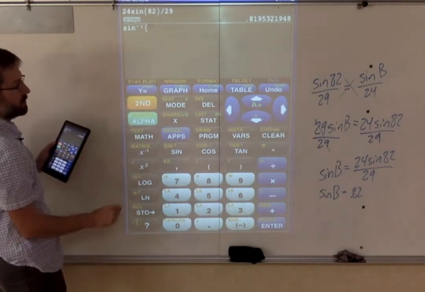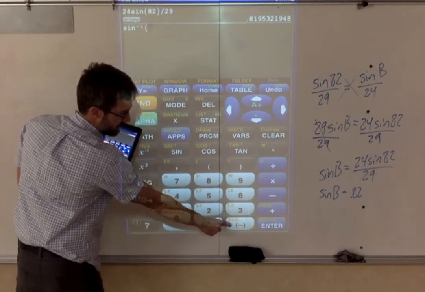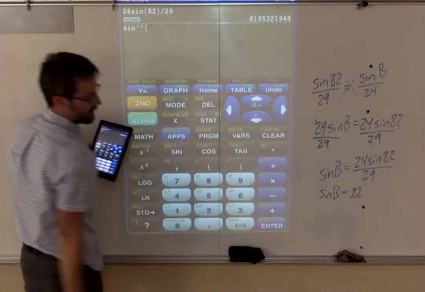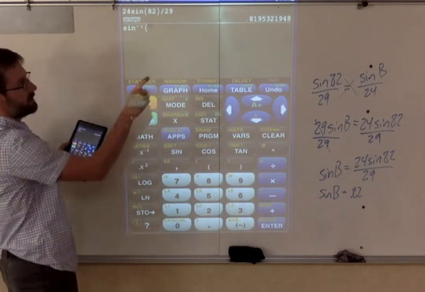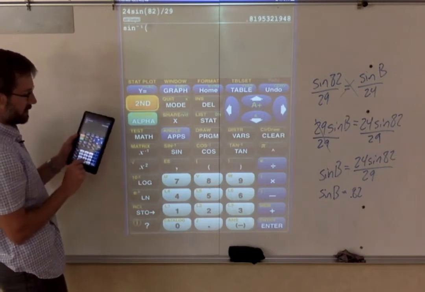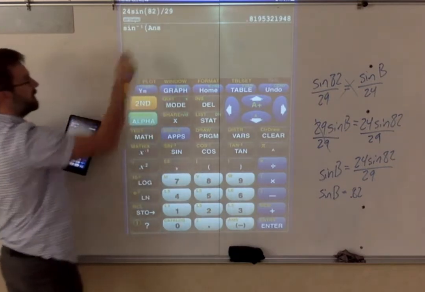And the easy way to do that, if you look at the minus symbol down here, the negative key next to the decimal, it's got a little capital A, capital N, capital S for answer. So what that does is it takes the previous answer and it pastes it into here. So if we do second and then the negative key, it should look like that.